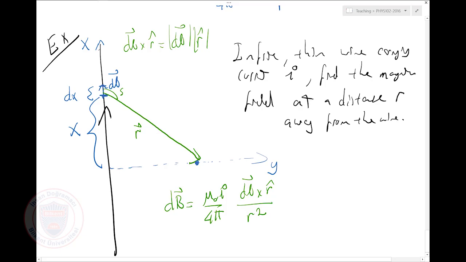If this angle is theta, it's going to be sine theta. What's the magnitude of r hat? 1, right? R hat is a unit vector. By definition, its magnitude is 1. What's the magnitude of the dl vector? It's dx. So I need just dx sine theta.